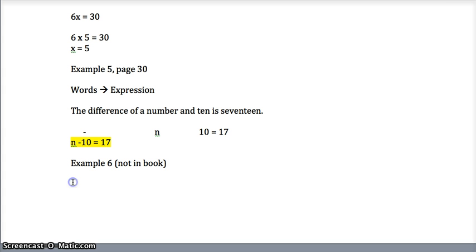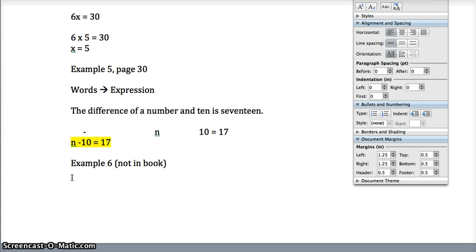For our last example, it's going to be just like the one above where we're changing words into an expression. This time we have a different function though. Remember, a function is just what tells us to add, subtract, multiply, or divide. So this one says a number times 3 is 45.